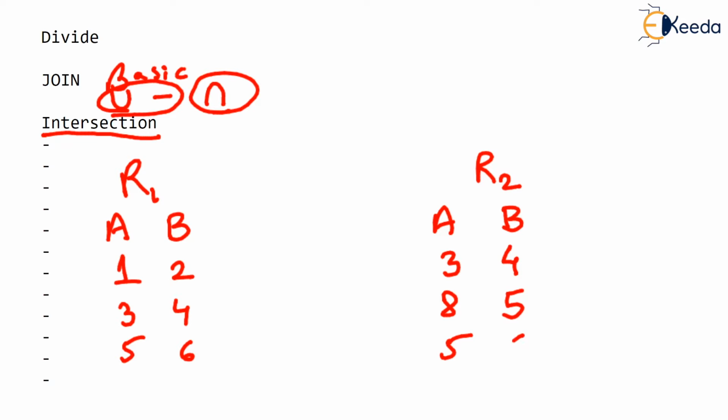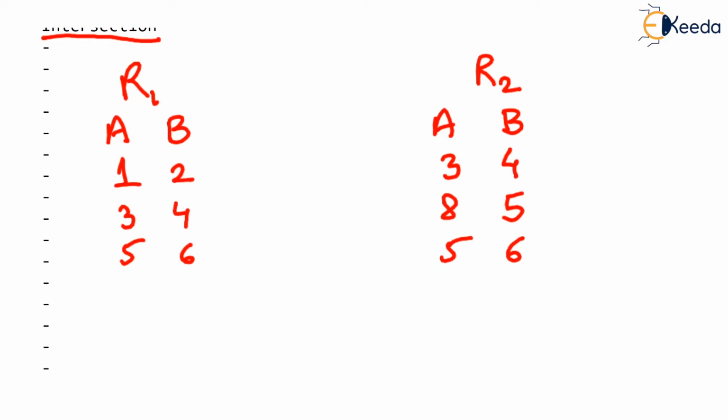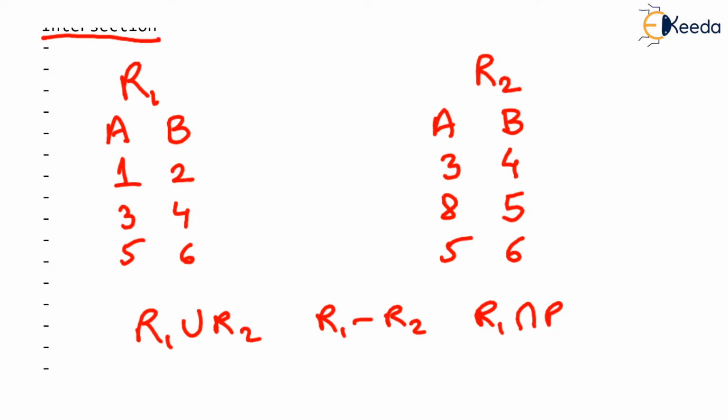5, 6. Now, one thing you remember, if you watched that video, is that to find R1 union R2 or R1 minus R2 or R1 intersection R2, to find out any of these set operations, both R1 and R2 must be union compatible. What is union compatible? R1 and R2 are said to be union compatible if both relations have columns with the same names, and the number of columns also must be the same.